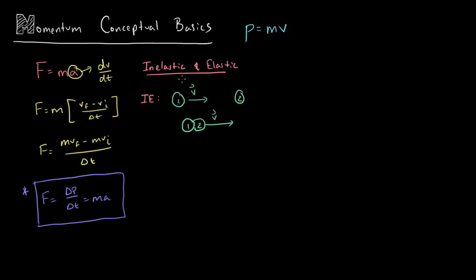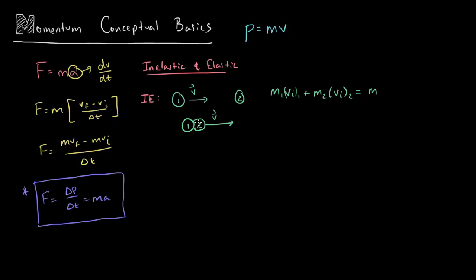Using momentum, we can say that the mass of the first ball times the velocity initial of the first ball, plus the mass of the second ball times the velocity initial of the second ball, which for inelastic should normally be 0 because ball 2 is stationary, equals your m final.